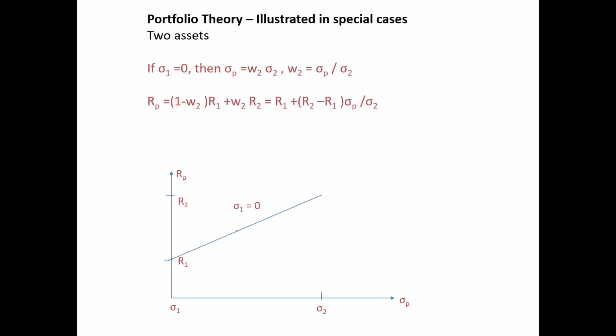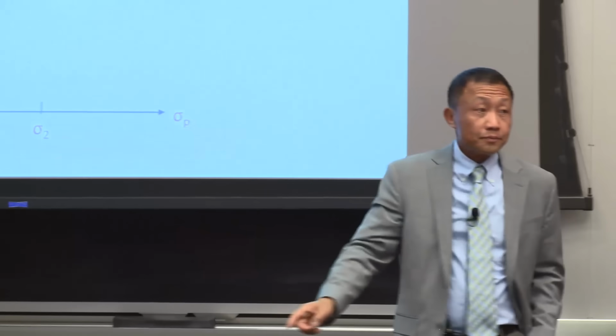That's a straightforward result. And the portfolio return, R sub p, can now be written as R1, the first asset with zero volatility, which you can think of as cash, right? We mentioned earlier, cash has zero volatility. So this cash or riskless asset has a return R1, while R p is still a linear function of sigma p, right?